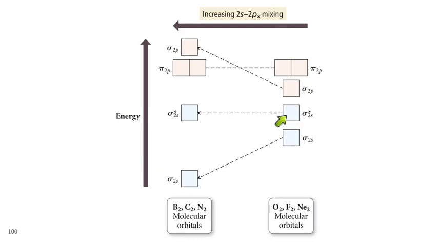Because here the sigma orbitals from the s are down here, and when we have the p orbitals interacting with each other, they're going to mix more.